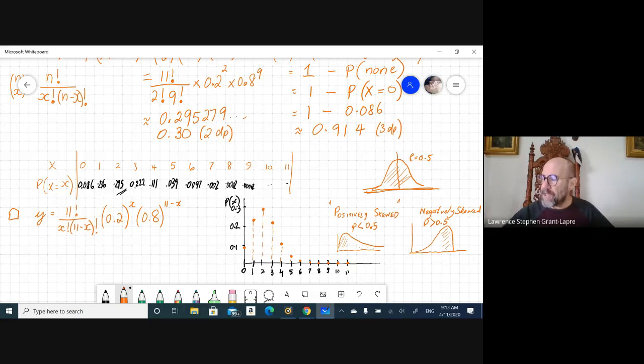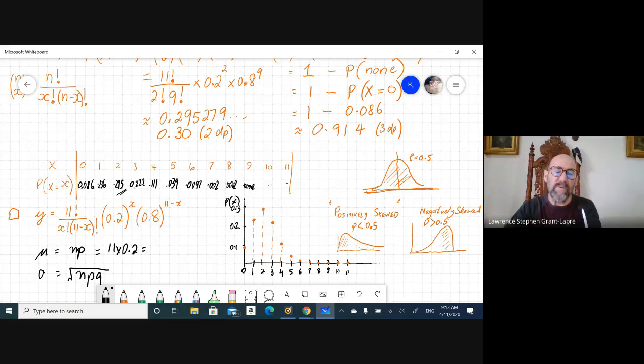Okay, I want to finish with a little bit of revision. Do you remember the mean and standard deviation, np and the square root of npq, for this distribution? So n was 11, p was 0.2. We would have an average of 11 times 0.2, which is 2.2.